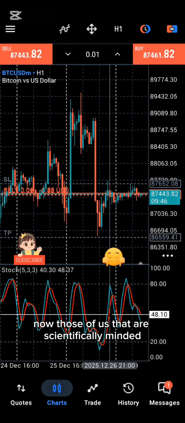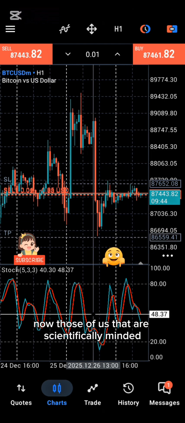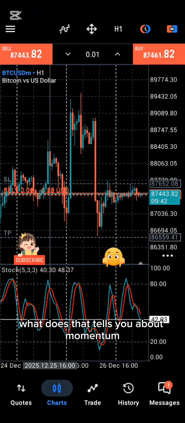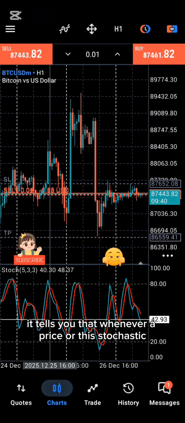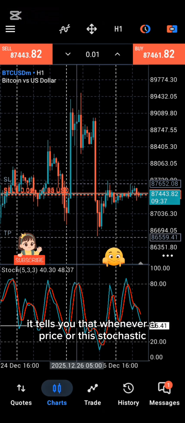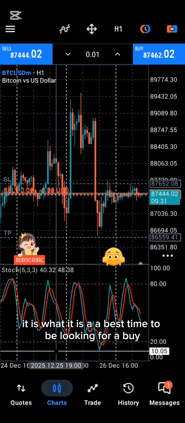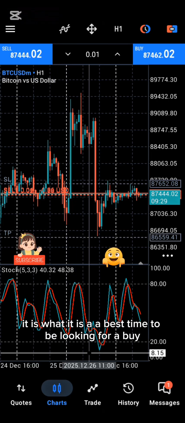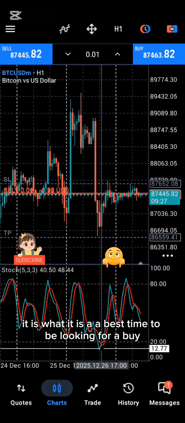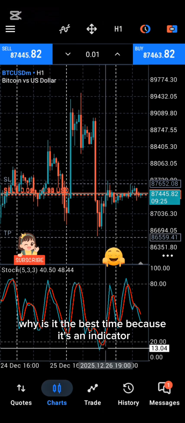Now, those of us that are scientifically minded, what does that say? What does that tell you about momentum? It tells you that whenever the price, or the stochastic, is down here in this 20, it is the best time to be looking for a buy. Why is it the best time? Because it's an indicator telling you that this market is already down.